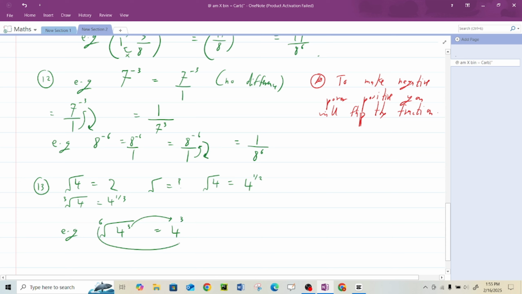This power comes below. So you have 4 power 3 by 6. If you simplify it, that is 4 power 1 by 2. That means under root of 4. That means 2. So remember, the power that is inside will come on top as a numerator, and the power that's outside, the root, will come down as a denominator. That's what you have to know.